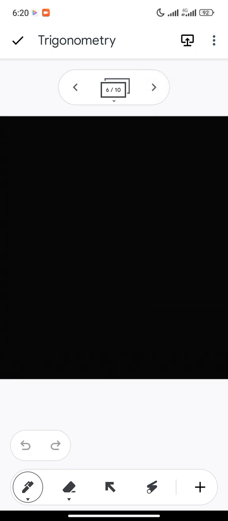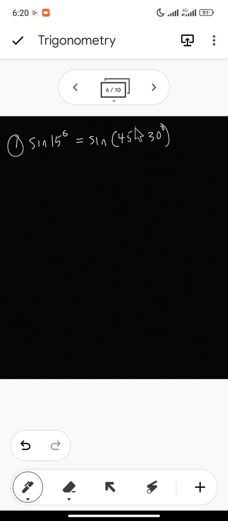The first example is this. If you're asked to solve sine 15 degrees without using a calculator, how do you solve this? Now you can express 15 in terms of special angles. So sine, now you can use 45 and 30.